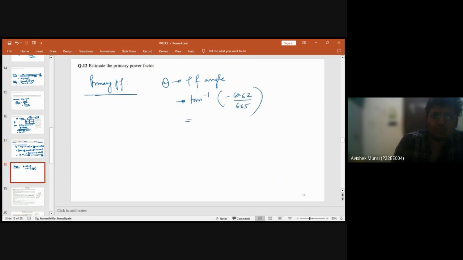So what will be the cos theta? This is cos of tan inverse. If you solve it, cos of this one, it is 0.702. Clear?